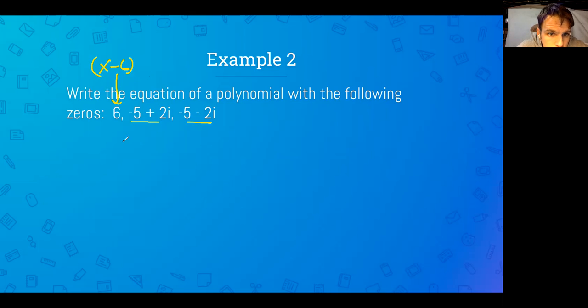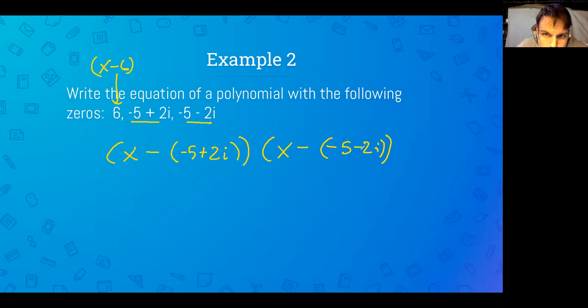These are going to be x minus negative 5 plus 2i, and then x minus negative 5 minus 2i. Okay, so let's multiply this. We get x times x, times that. So that's going to be negative x, negative 5 minus 2i. We'll deal with that in a minute.